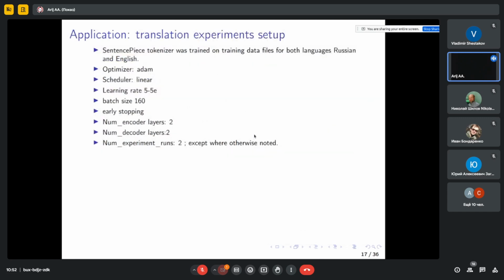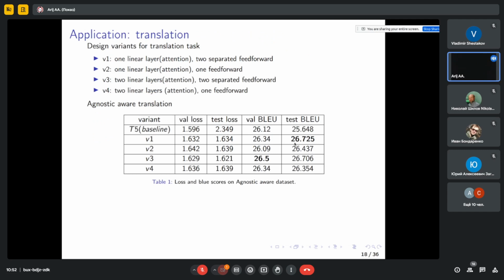On the next slide, there is the experiment setup. And as we can see from the results, as I explained, we have 4 versions of the model, and for simplicity I call them version 1, 2, 3, and 4. For a quick explanation, in version 1 we have 1 linear layer in the attention and 2 separate feed-forward layers.